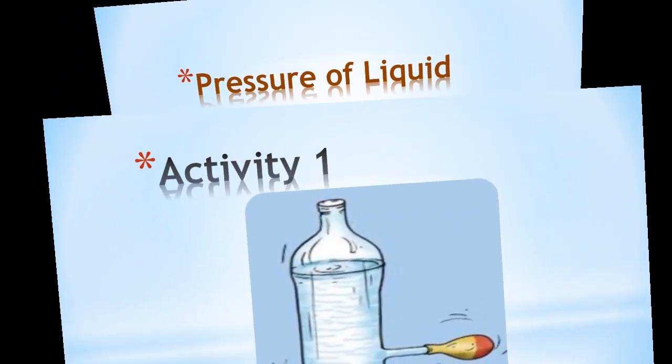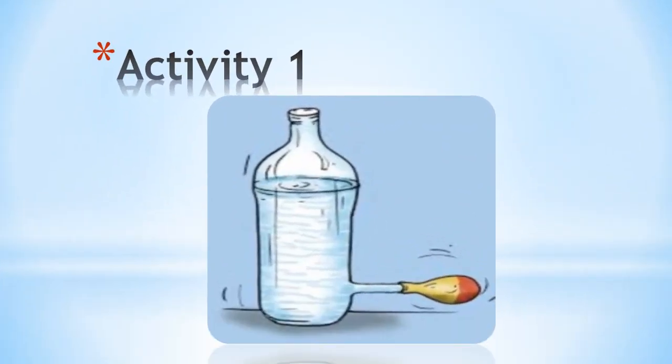Now let's see the pressure of liquids. Students, here we have to do one activity. We have to take a plastic bottle. Take a 10 centimeter long piece of glass tube on which a rubber balloon can be fitted. You can see this in the picture.